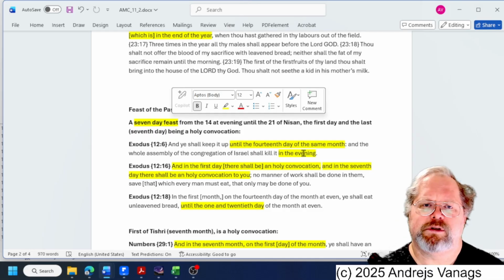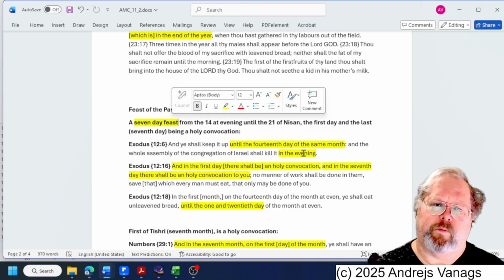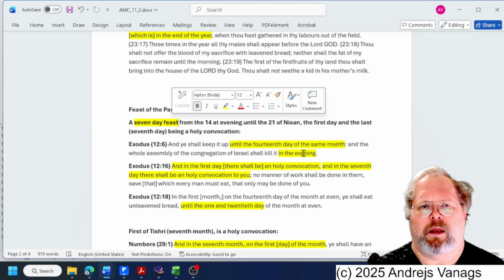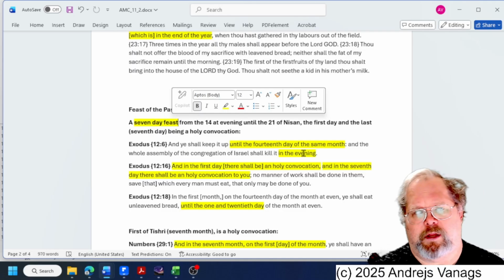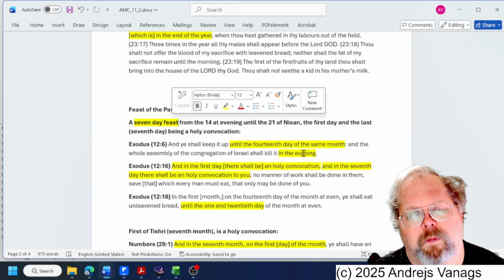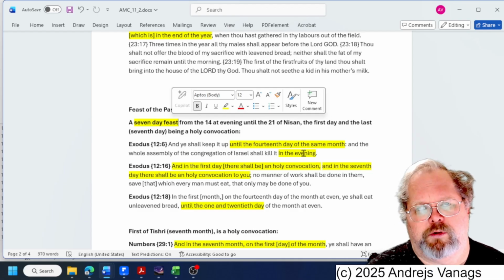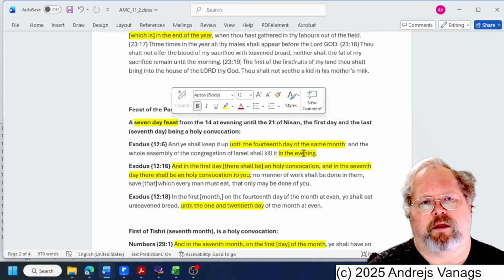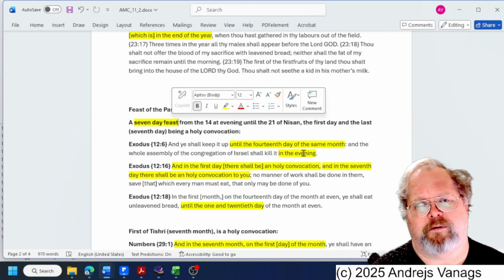That's one of the restrictions. So you kill them at 3 in the afternoon, you prepare them, and at 6, when the sun went down, more or less, then you could eat. And for that reason, Jesus Christ was likened to a sacrificial lamb.